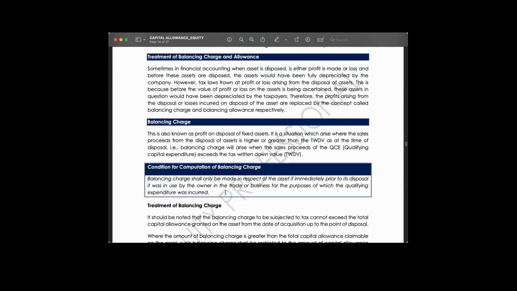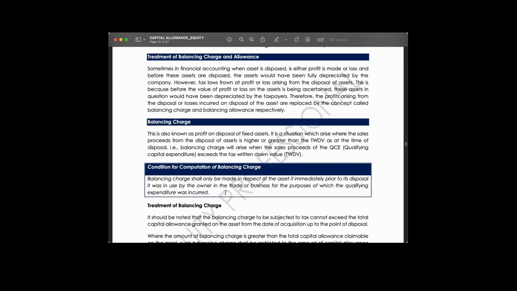To get the total allowance claimed on the asset, my total allowance claimed will be my cost price minus tax nominal value at disposal. So you remember I told you the cost price is 2,000. Tax nominal value at disposal is 500. If I compare the two, I will have 1,500. That is the total allowance I claimed on the asset disposed.